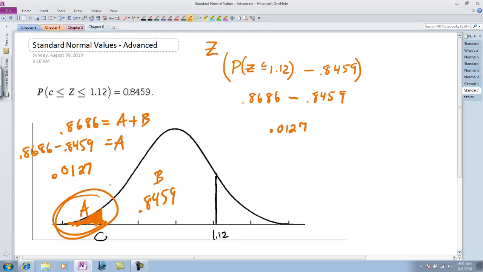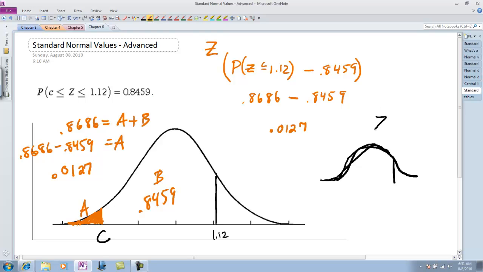And we know that if we have what is to the left of C, then we can put that into our ALEKS calculator and figure out what C is. Now, how do we do that? Well, we have to do it carefully, because what the ALEKS calculator is set up to look up is percentages to the right of a given value. There is a button on the calculator that says Z of little box and equals.